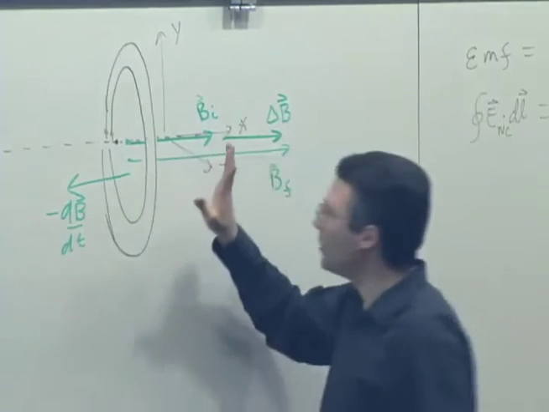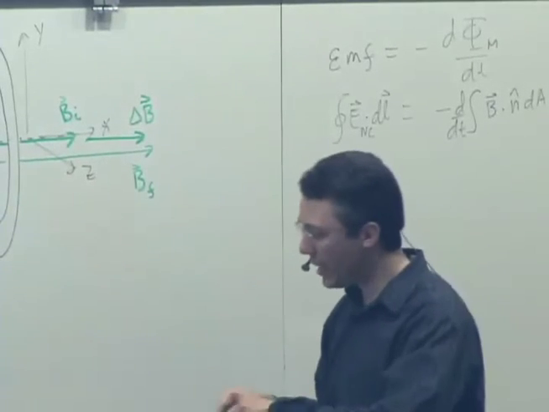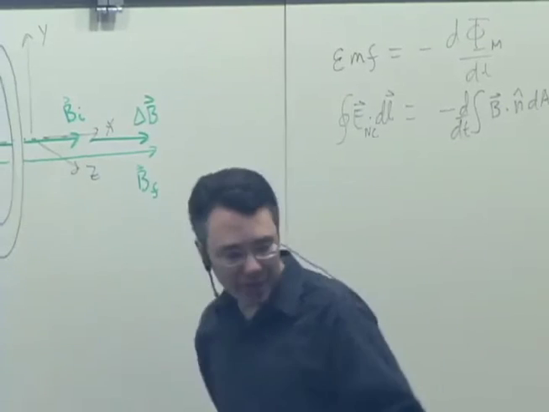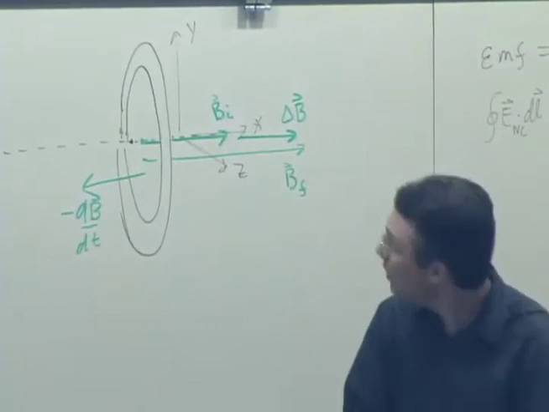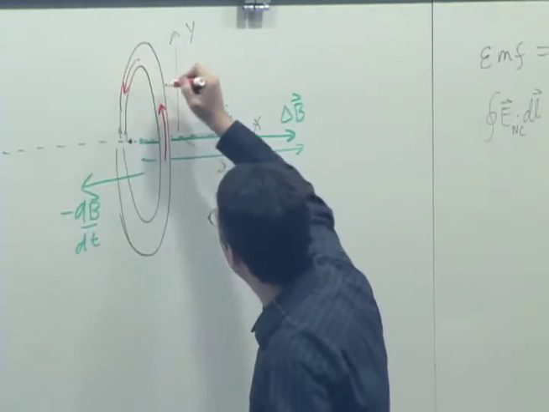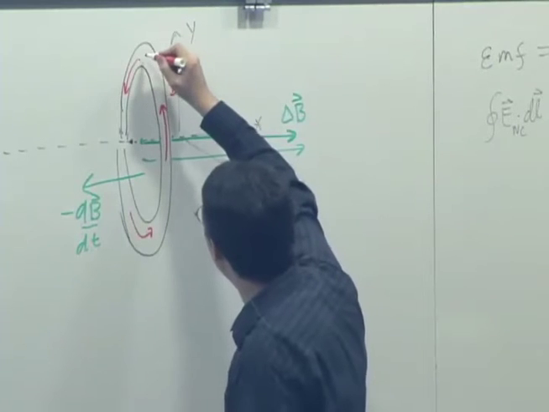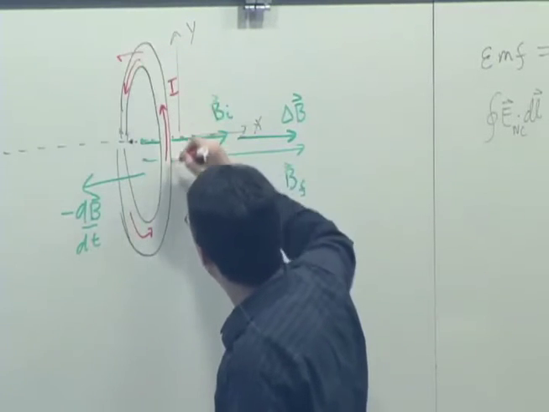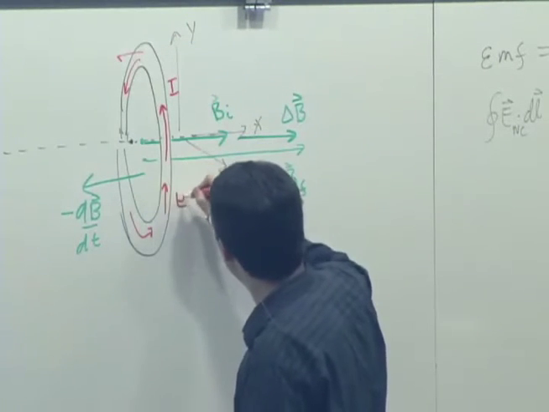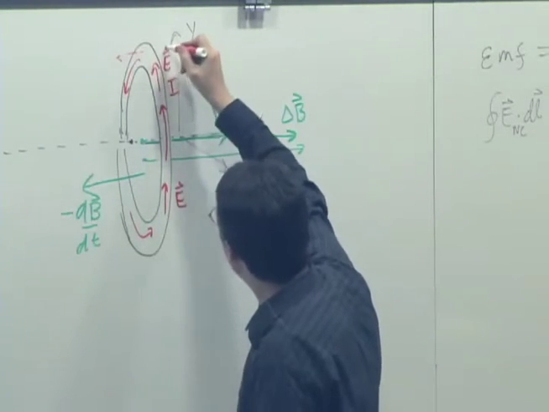So thumb in the direction of negative dB/dt, fingers curl around. We should get a conventional current that is induced in this ring that would do something like that. Okay. So there's a curly electric field in here that is causing this. If I were to draw E, that would be in the same direction. There's a curly electric field that's driving this current.